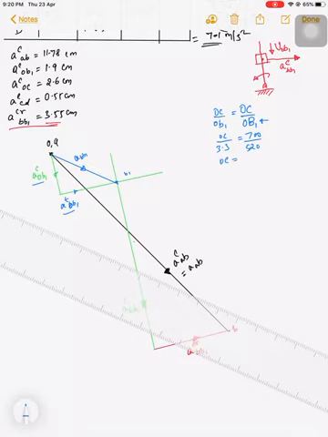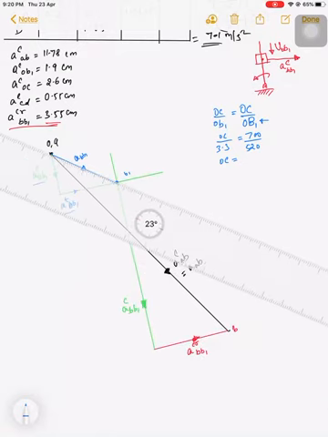So therefore OC will be equal to 700 divided by 520 into 3.3, which is 4.442, that is 4.4. Okay, so we know this value.